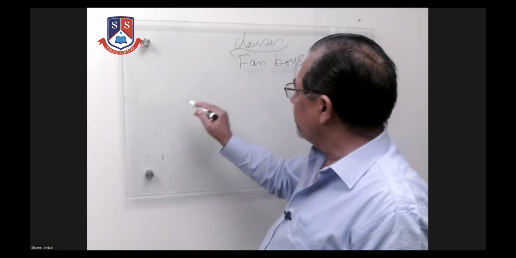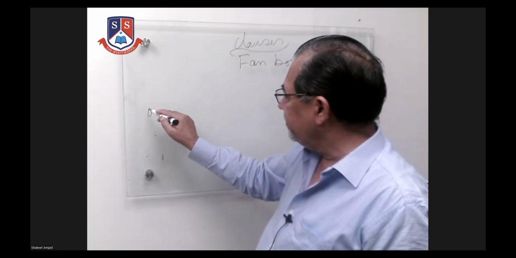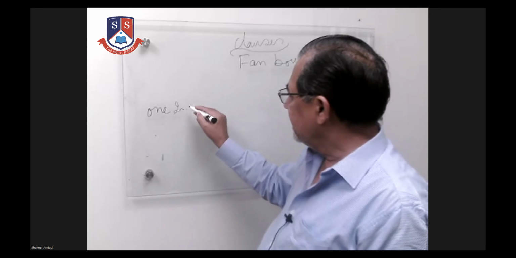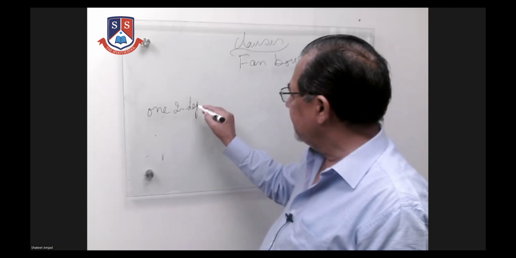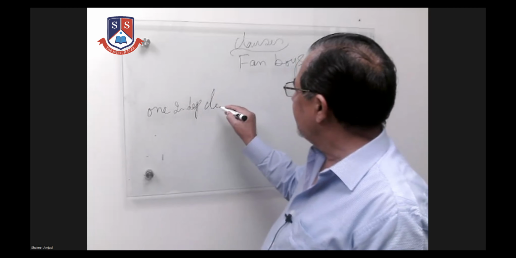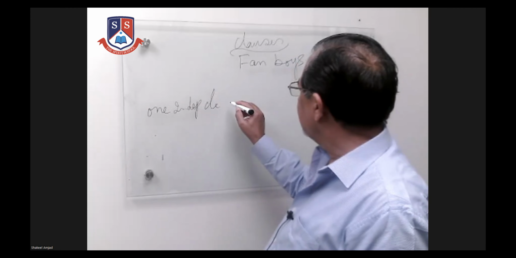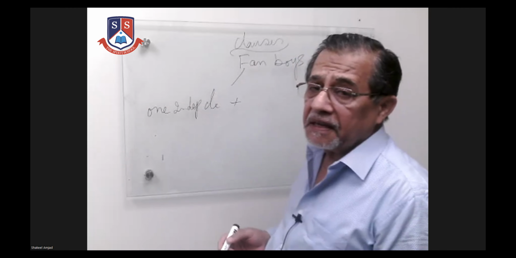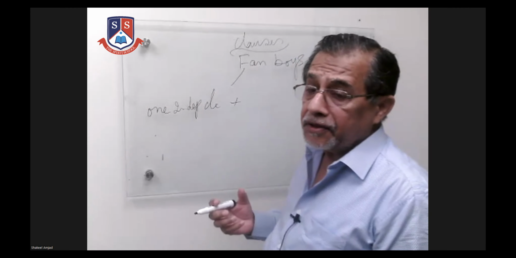So one independent clause, plus any of the 7 coordinating conjunctions.